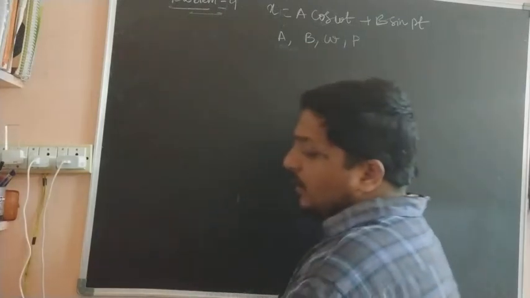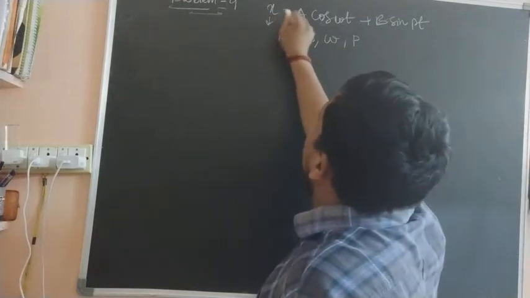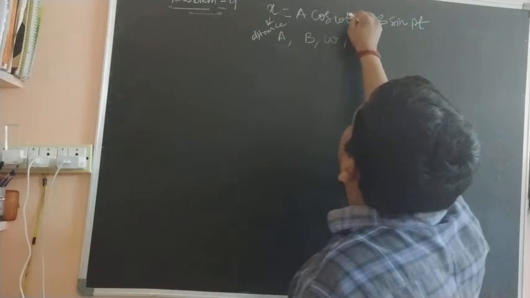Here, x is a distance, and t is the time.